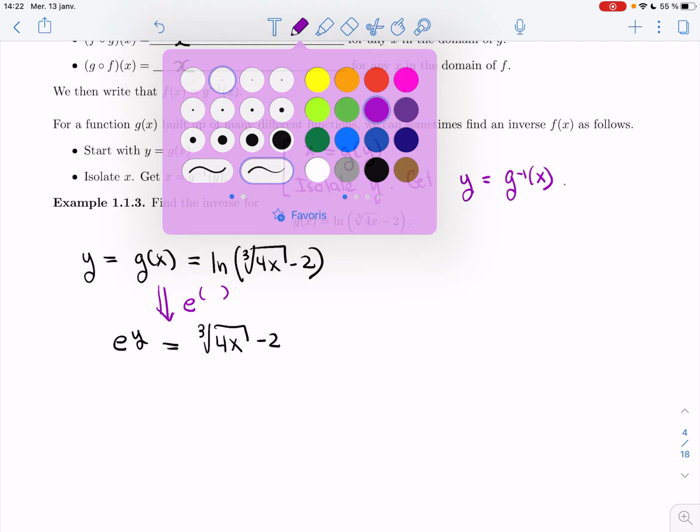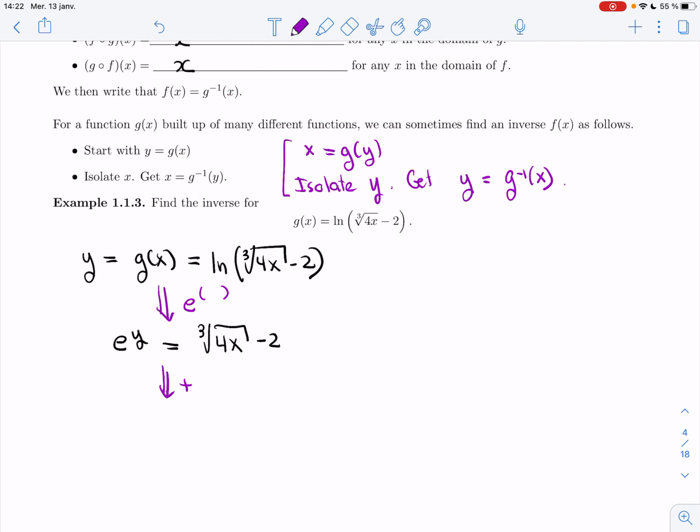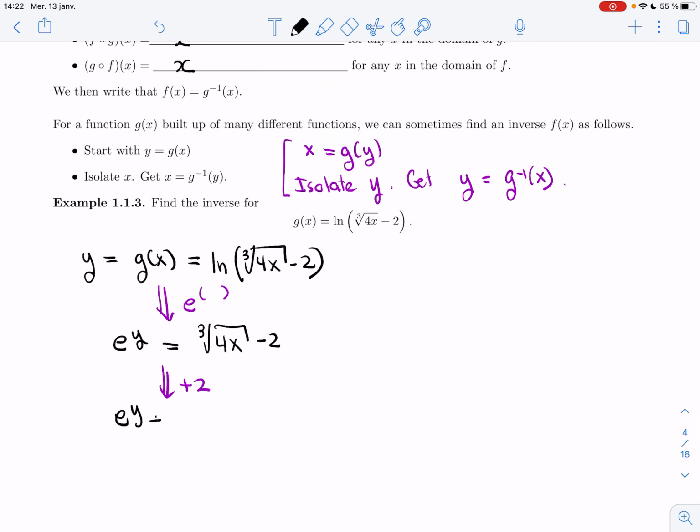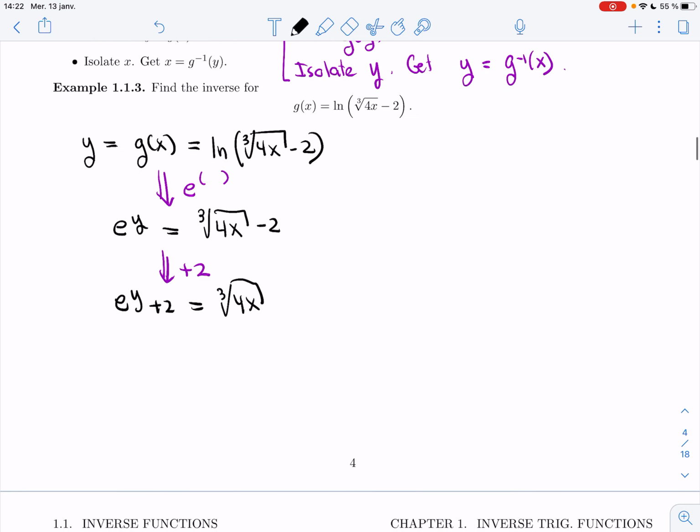Then I want to cancel with the minus 2. Well, the inverse function would be plus 2. And so I get e to the y, plus 2, is equal to the cube root of 4x. Now the outermost function is the cube root, and so you would cube both sides. You will get e to the y plus 2, cubed, equals 4x, and then you would divide by 4.